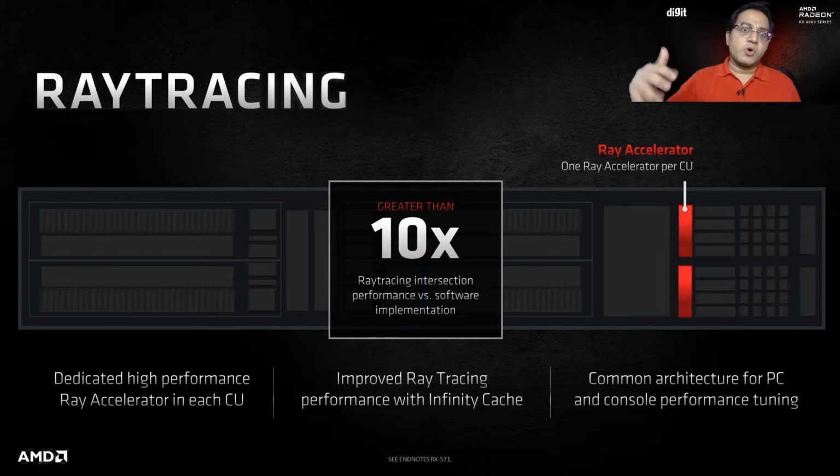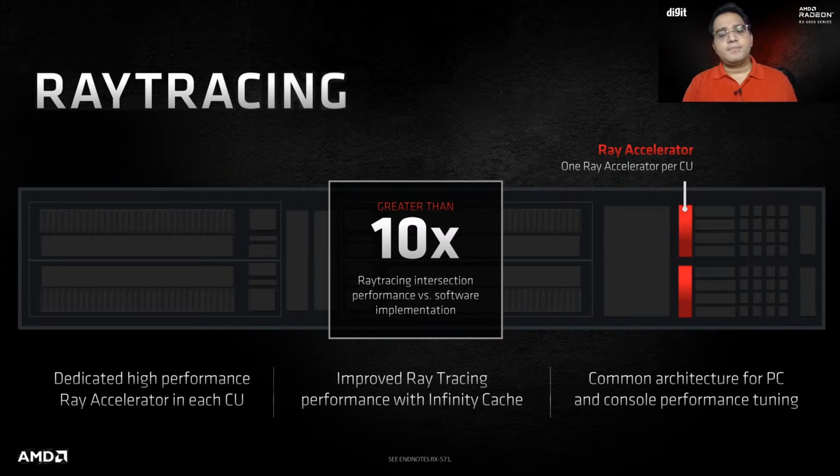So if you add more compute units, let's say when you're moving from a 6800 to a 6900 XT, you get a lot more ray tracing performance because you're getting more ray accelerators. And that also makes it quite easy for developers to scale ray tracing performance in their games. They get a really good context of what is capable, let's say, of future GPUs should they have a similar structure.